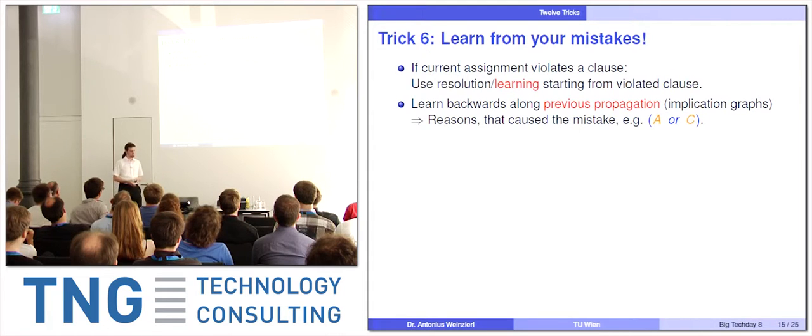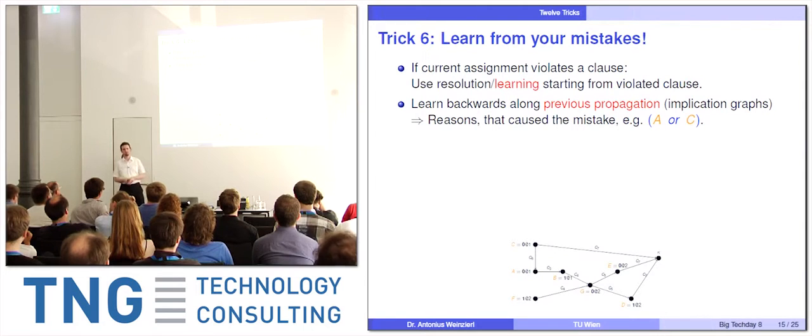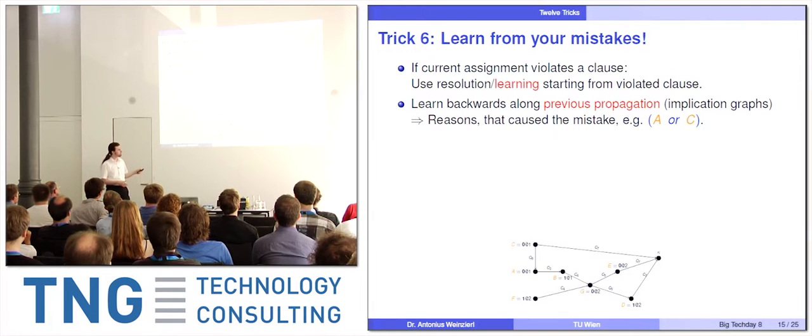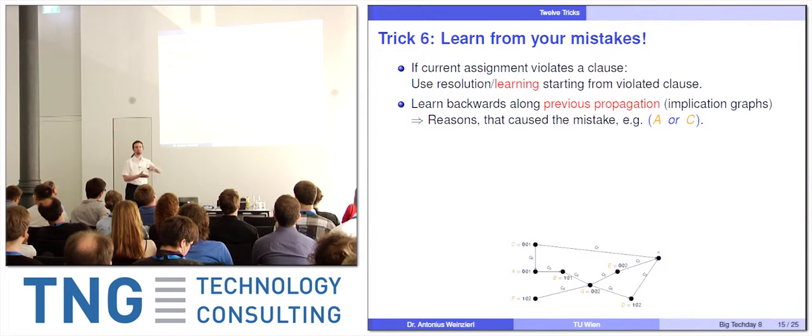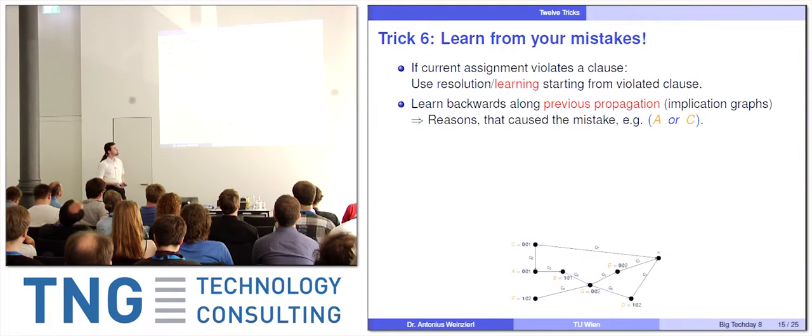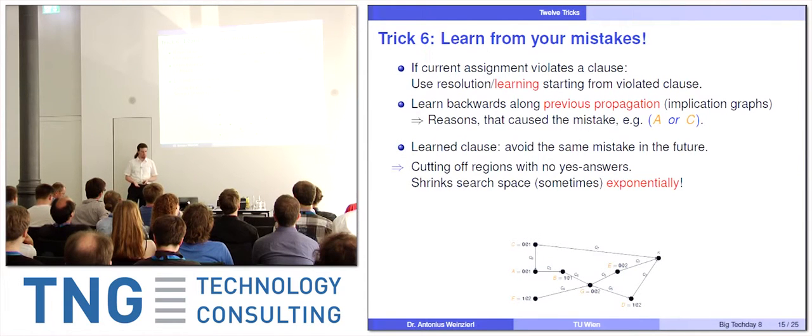For this, we need some additional data structures, which I don't have the time to explain now. This is called an implication graph. Here we record those propagation steps we did before, where we realize now some variable must have a certain value. This is recorded here. And then we can use this graph, going backwards, resolving, learning a new clause.